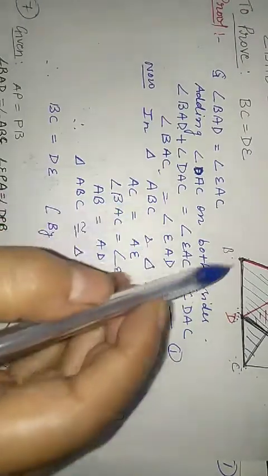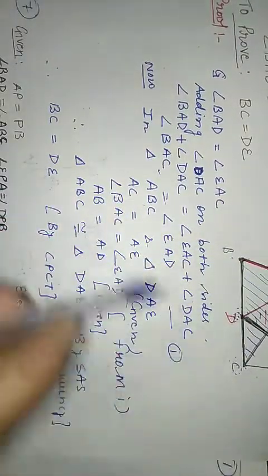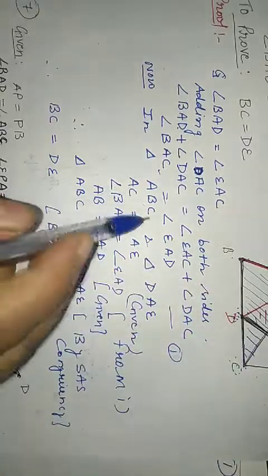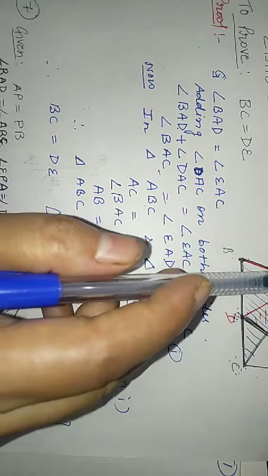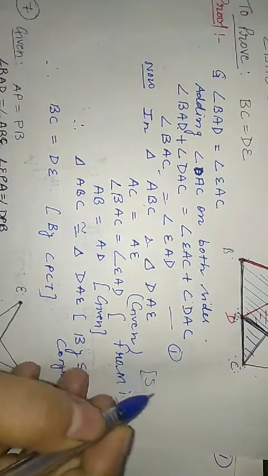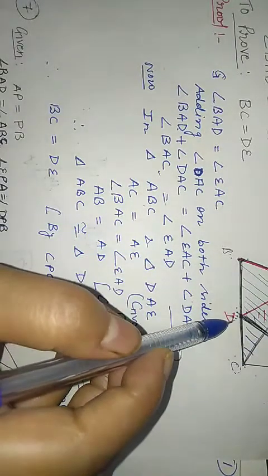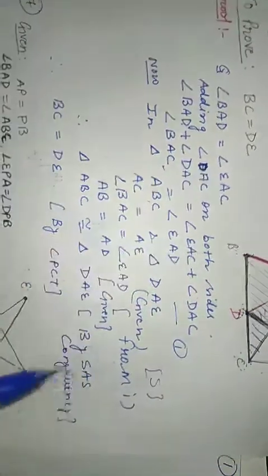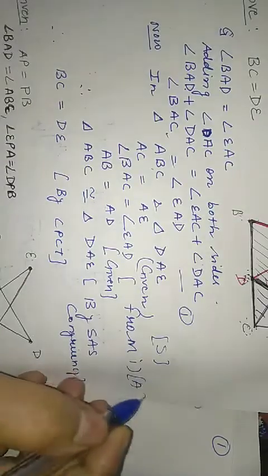So in triangle ABC and triangle DAE, side AC, with the same color, is equal to AE. That is given. This is a side. And angle BAC is equal to angle EAD, which we proved from the first equation. This is an angle.